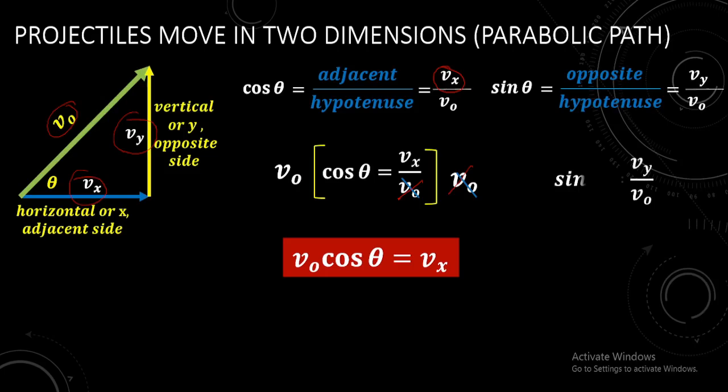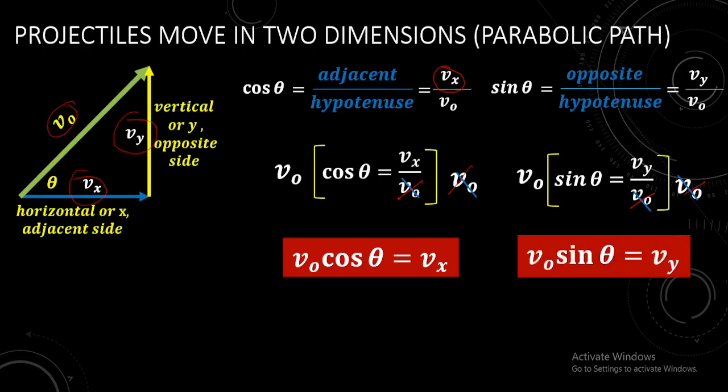So sine theta is equivalent to v sub y all over v sub o, and again multiply both sides by v sub o. This one will cancel out, and you have v sub y equivalent to v sub o sine theta. These two formulas are needed for you to determine the velocity along the x-axis and the velocity along the y-axis.